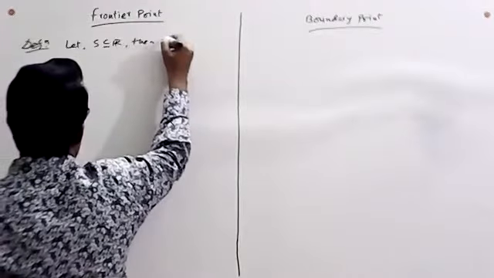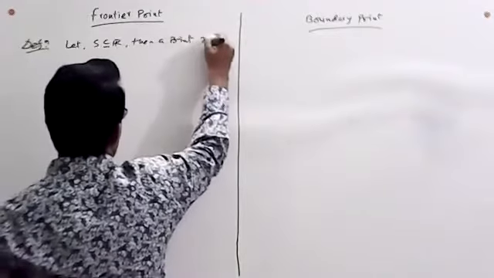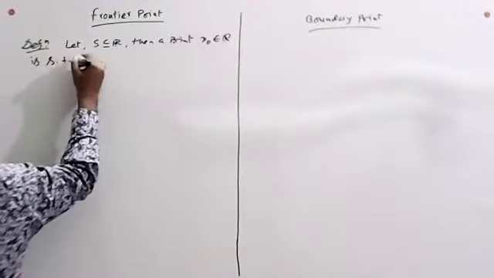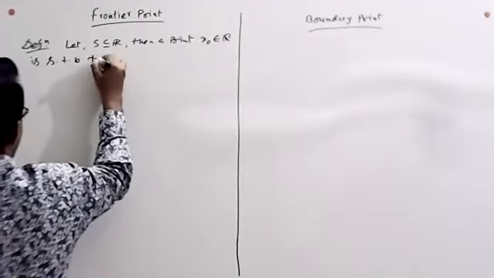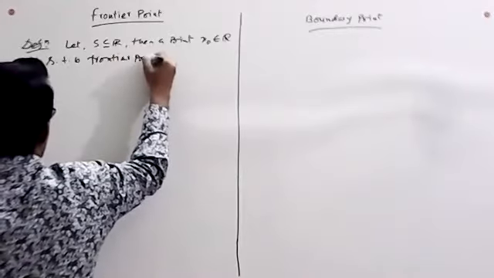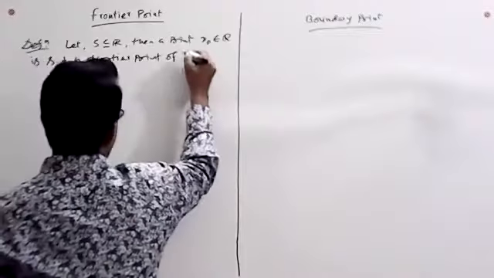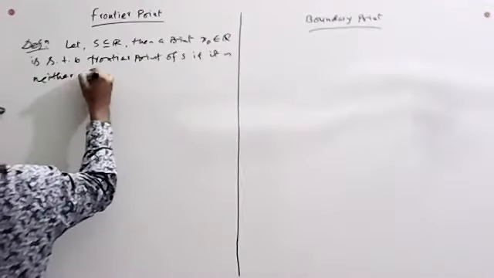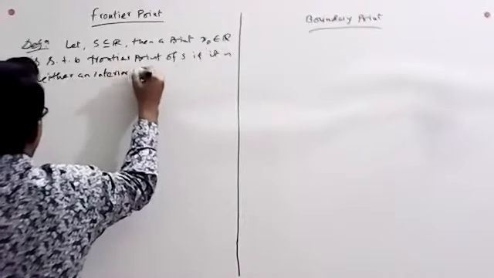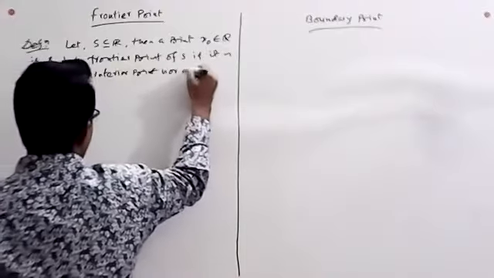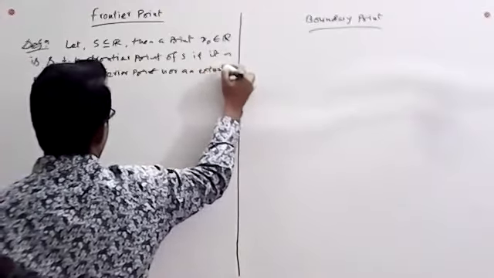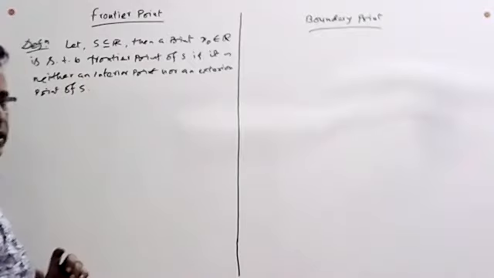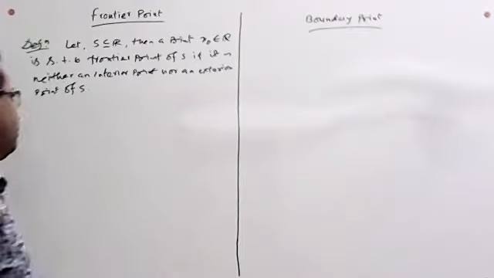Then a point x naught, which is also a real number, is said to be a frontier point of S if it is neither an interior point nor an exterior point of S. So frontier points are neither interior points nor exterior points of a set.